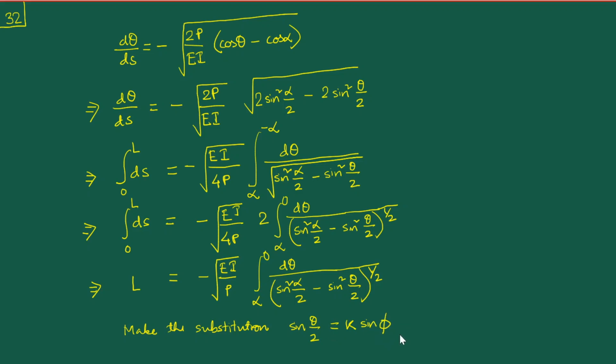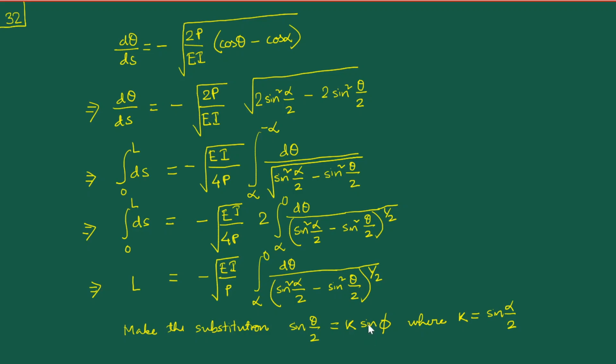Now, this might seem completely alien to you, but you'll soon see the motivation behind this. Sine theta by 2 is equal to k sine phi, where k is equal to sine alpha by 2. One may ask, why in the world would we do such a thing?